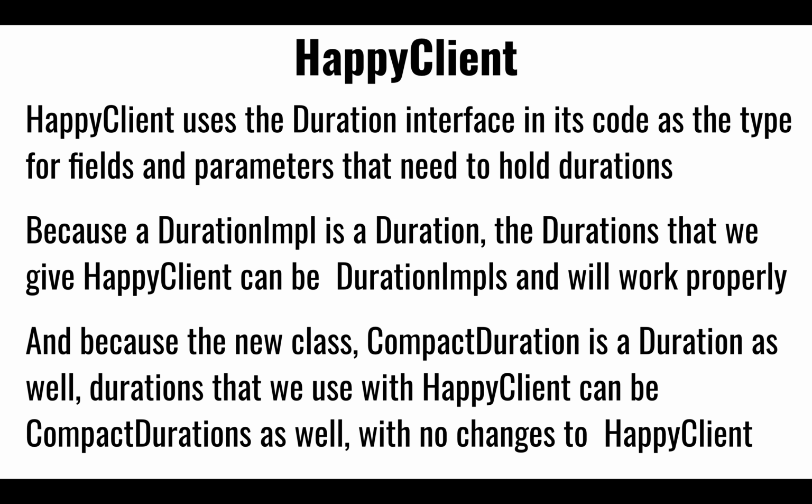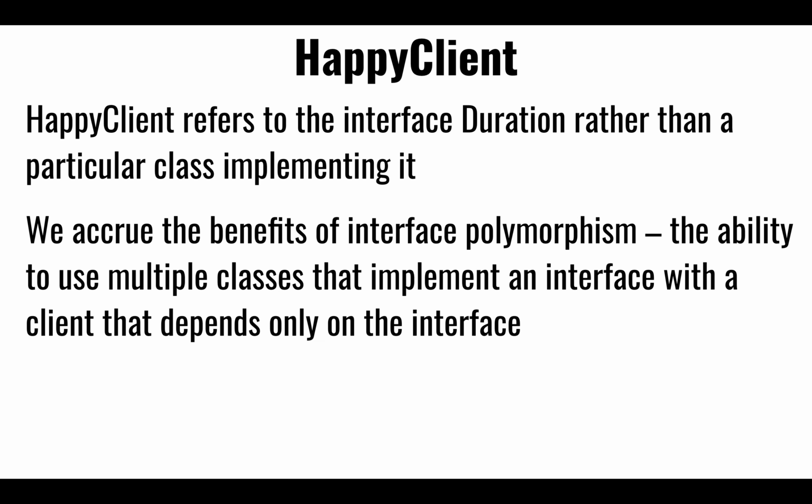But the client itself doesn't have anywhere in its source code any references to the DurationImpl. So if you instead want to use the compact duration, that's totally fine. You can pass an instance of the compact duration, and the happy client couldn't care less. And that's where we want to go. All our references inside the happy client are to the duration interface.